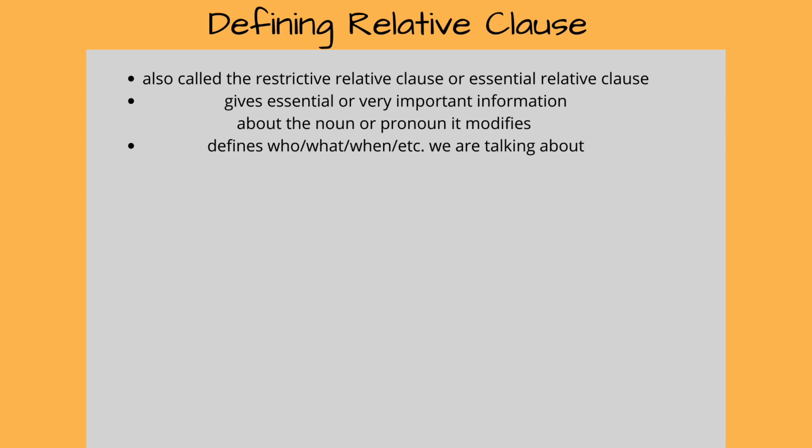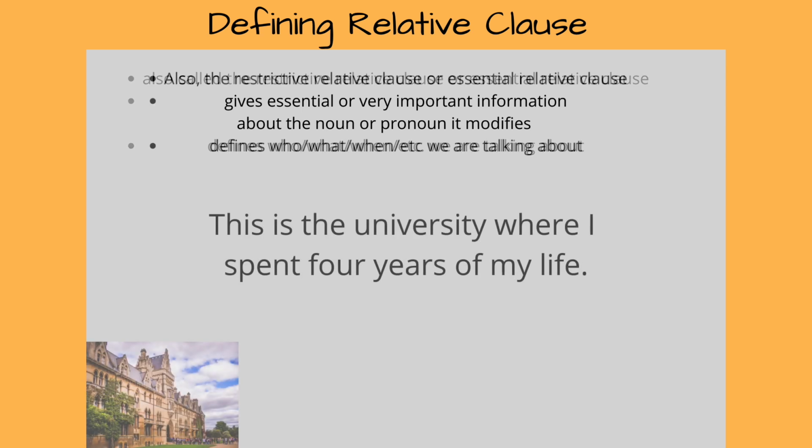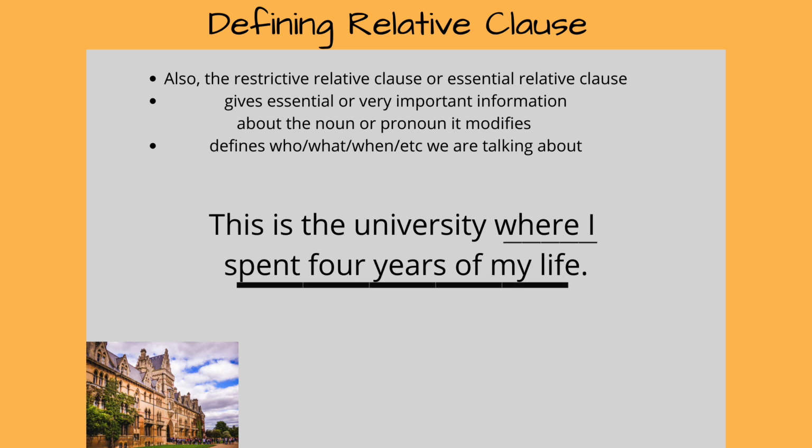So let's take another look at some of the examples we looked at earlier. This sentence, this is the university where I spent 4 years of my life, contains a defining relative clause. The defining relative clause, where I spent 4 years of my life, is essential to the sentence. We would not know which university I was talking about if I didn't give this information.